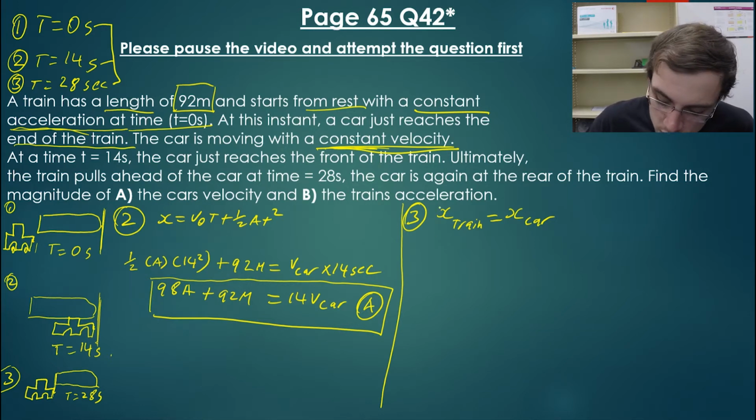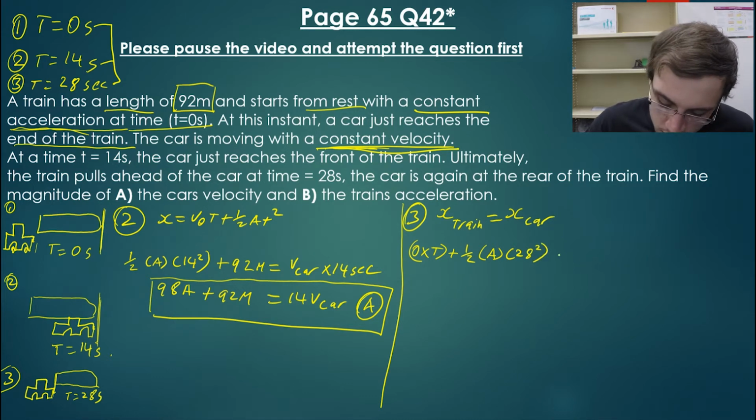So for the train, x equals v0 t, so the initial velocity, the train started at rest. So it's going to be 0 times t plus 1/2 times the acceleration, which we don't know, times t squared. So our time is going to be 28 squared.